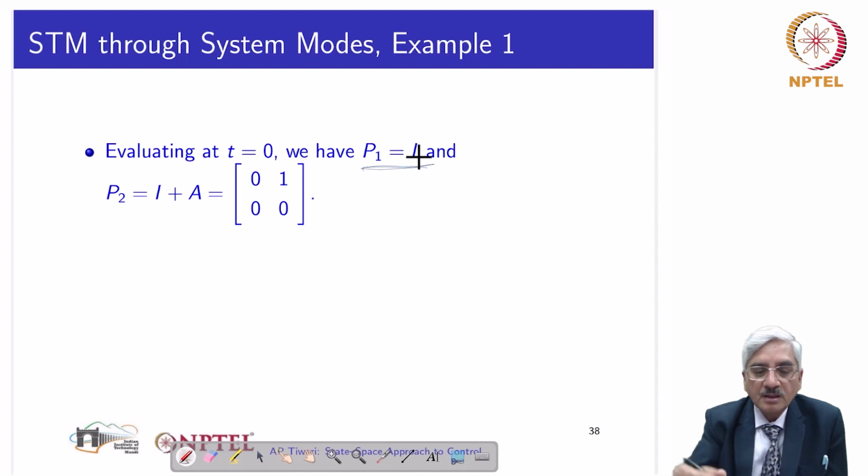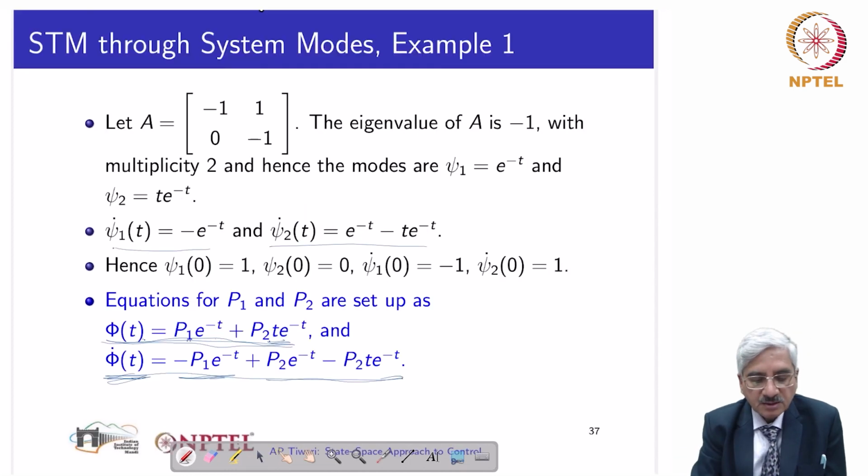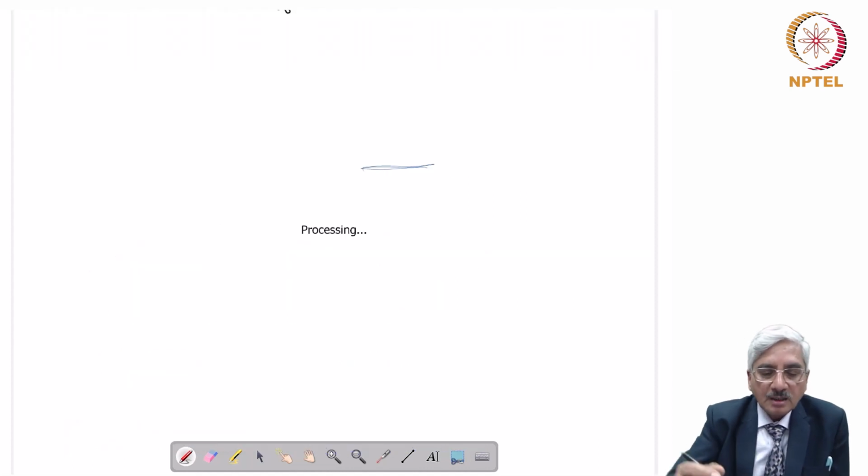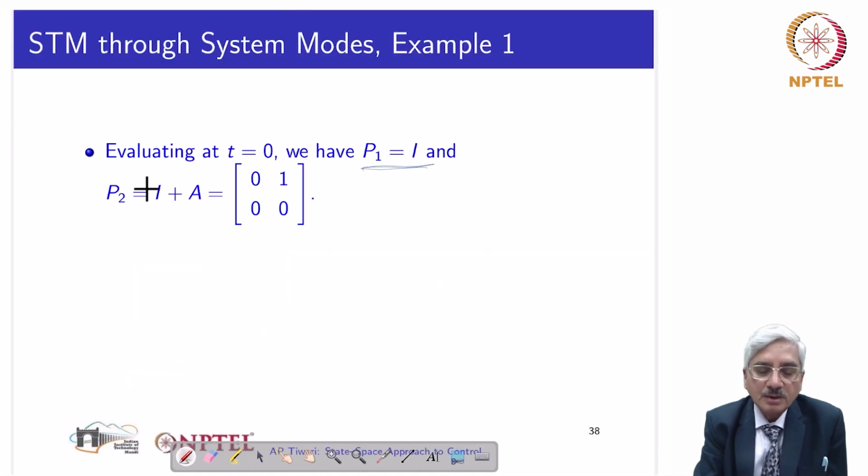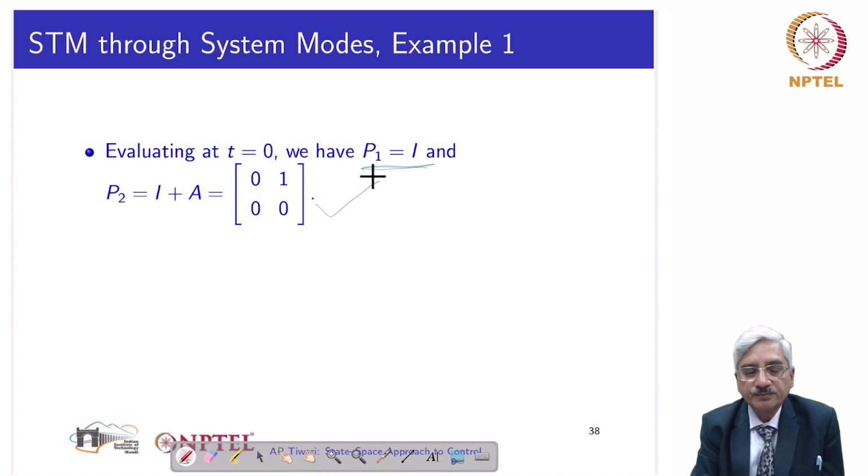The second one gives phi dot 0, which will be A, equal to minus P1 into 1 plus P2 into 1 minus P2 into 0. So A will be equal to minus P1 plus P2, and that means P2 will be equal to P1 plus A. P1 was identity, so identity plus A, we get this one.